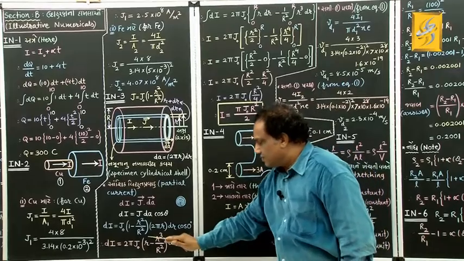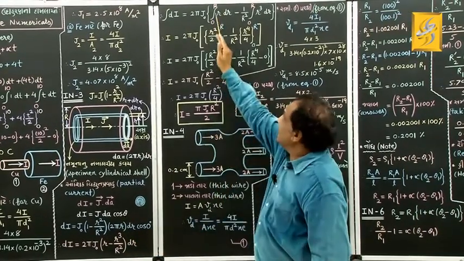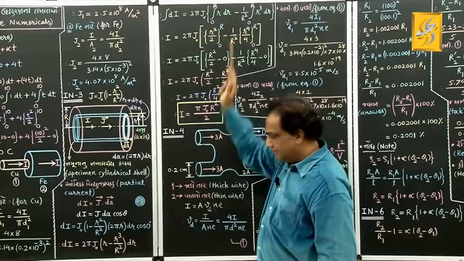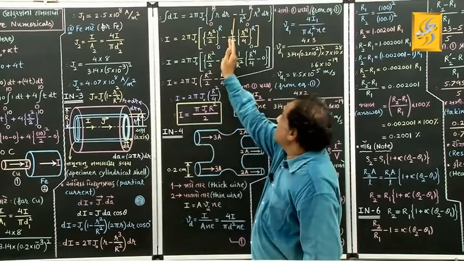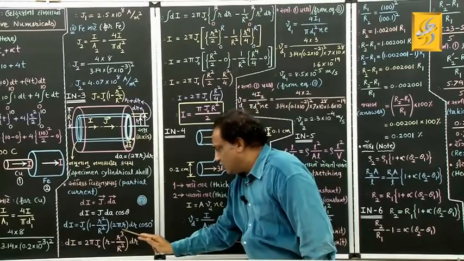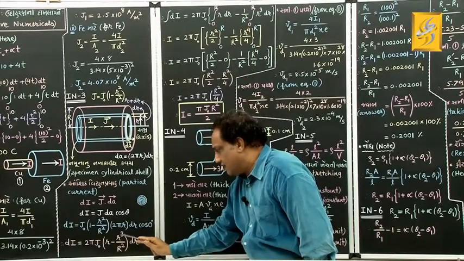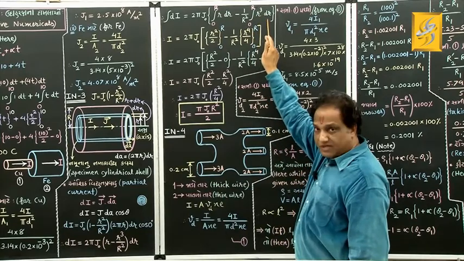Now integration of this part, that is integration r dr. Minus 1 upon capital R square is constant. Now integration r cube dr, here it is, integration r cube dr.